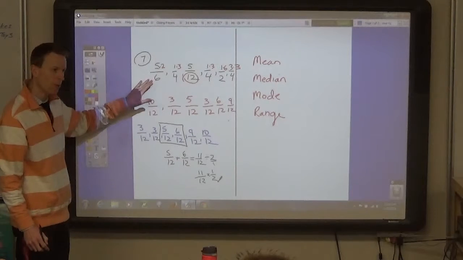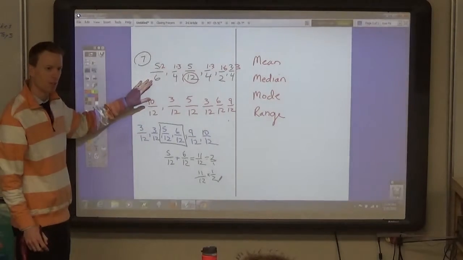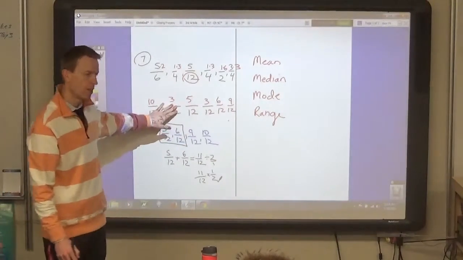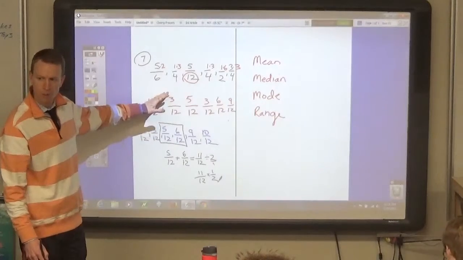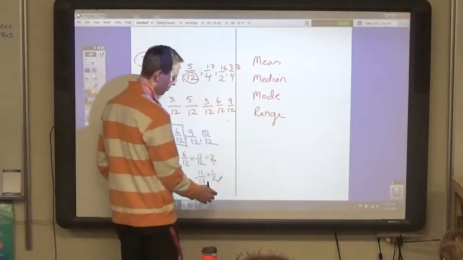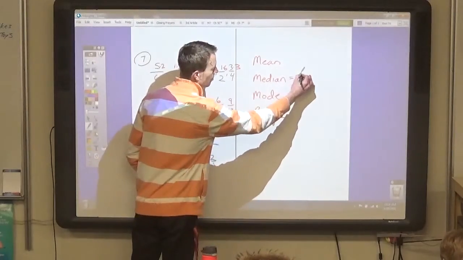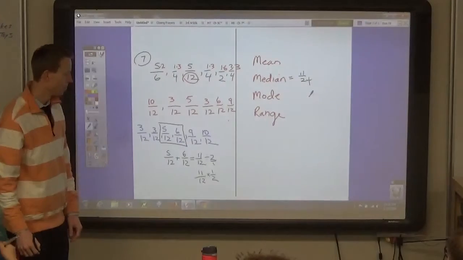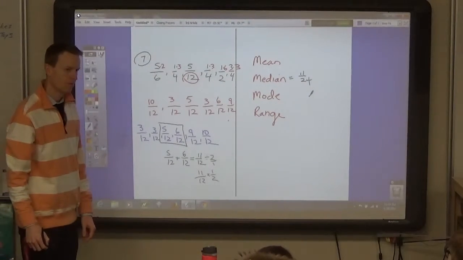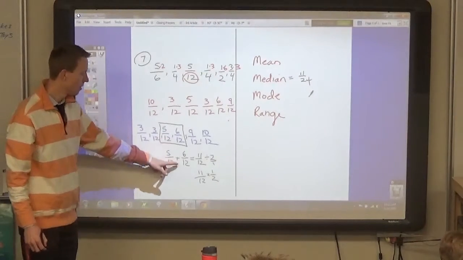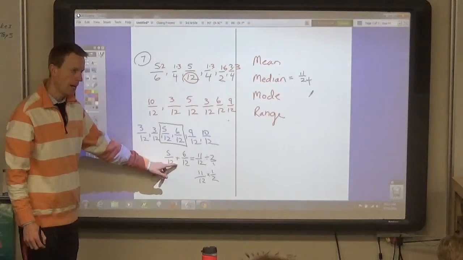Just like in the last problem when we divided by 5 for the mean, we multiplied by 1/5. We have to multiply by 1/2. So that's the median, that's the middle. Add them up and divide.